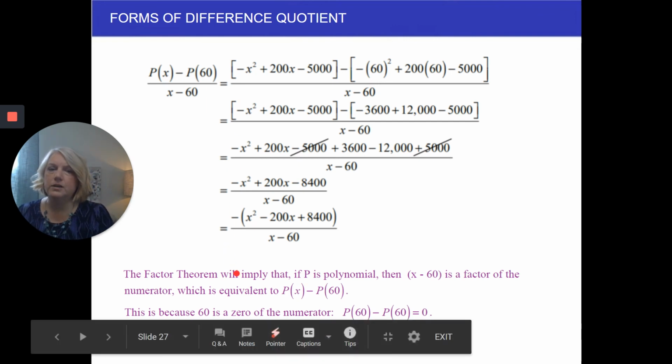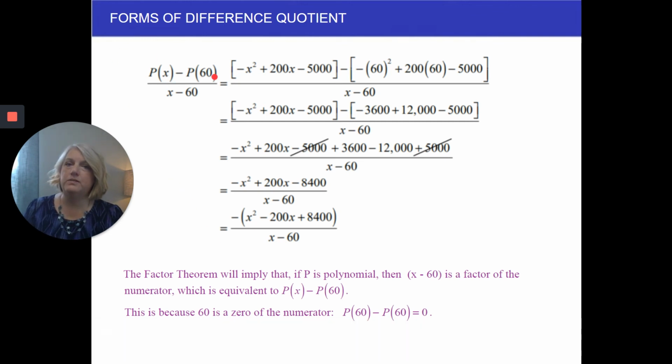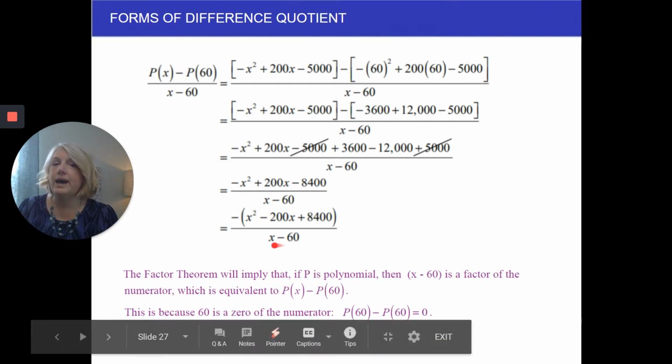The factor theorem implies that if you have a polynomial on the top, so p of x minus p of 60 is just a polynomial, and we got down here to this quadratic, then if you plug in a candidate for a root of that polynomial and you get 0, then we know that the factor x minus 60 is going to be a factor of that polynomial.